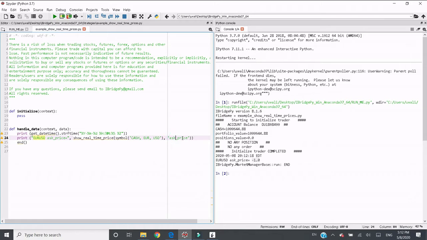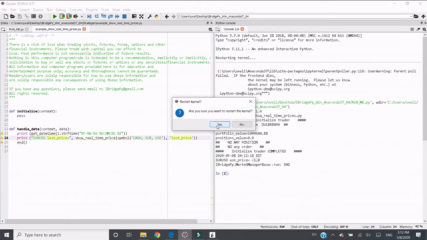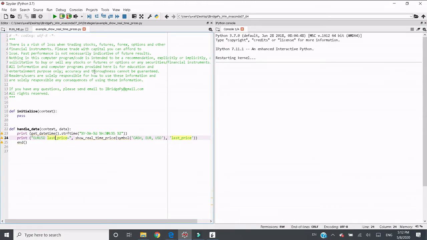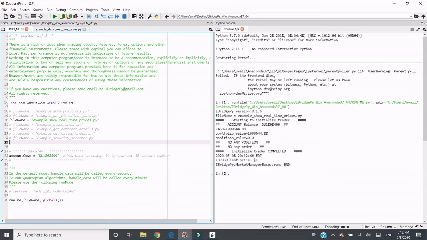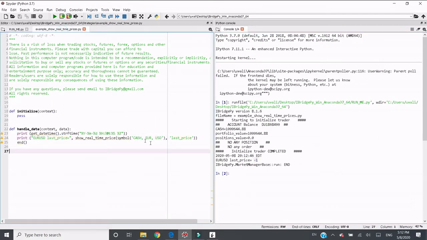How about trying last price? Also, okay, last price is -1. The reason for that is the default value is -1. Because Forex does not have a last price, it maintains the default value -1.